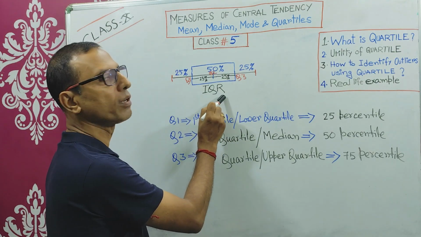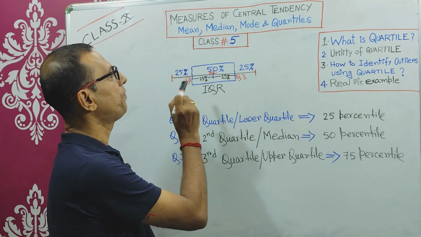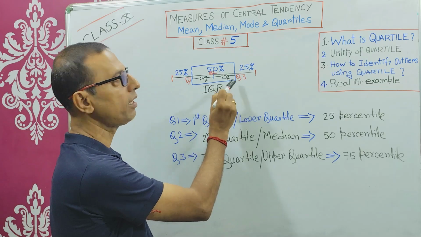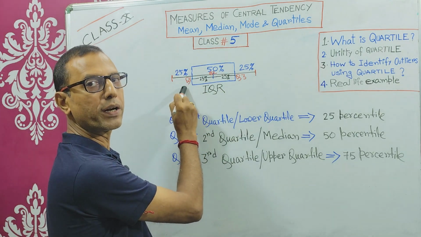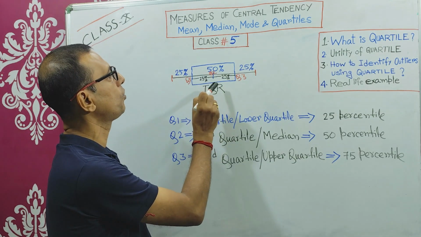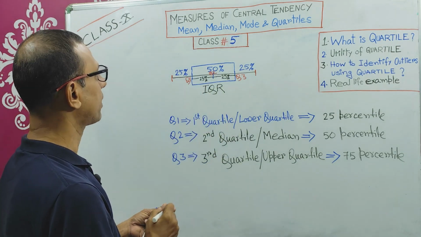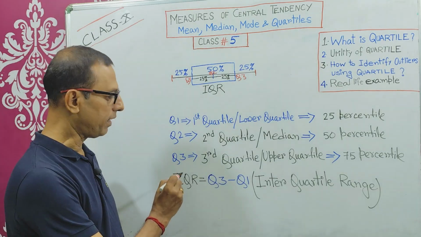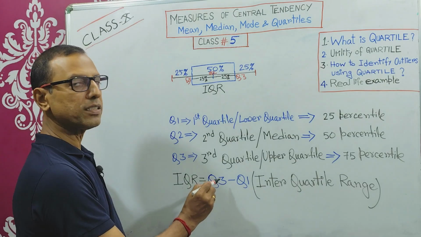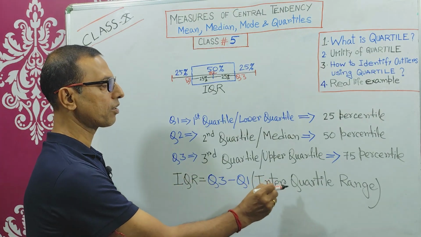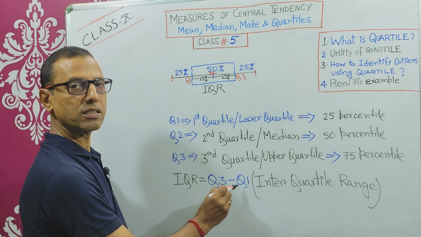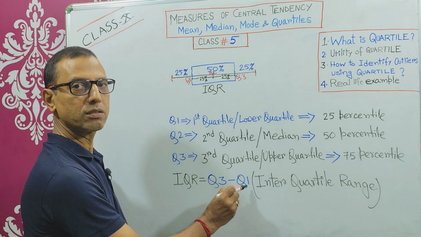So if you know the value of Q3, the third quartile or upper quartile, and the first quartile or lower quartile, you can identify the inter quartile range, where IQR is Q3 minus Q1. This is how to determine the inter quartile range, the difference between the third quartile and the first quartile, right?